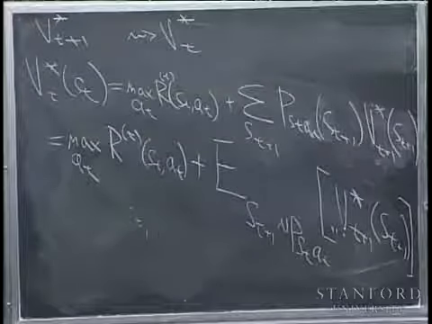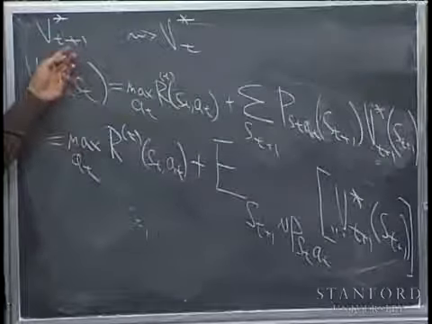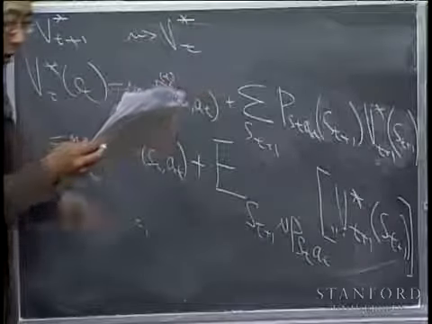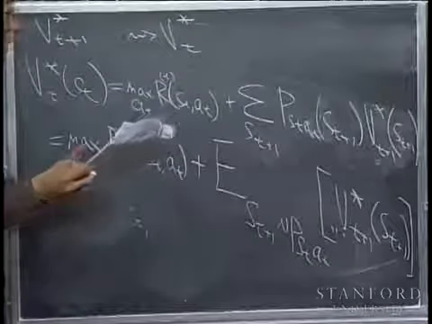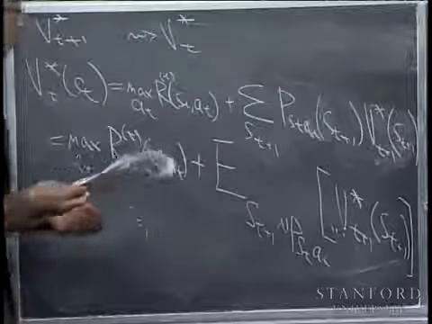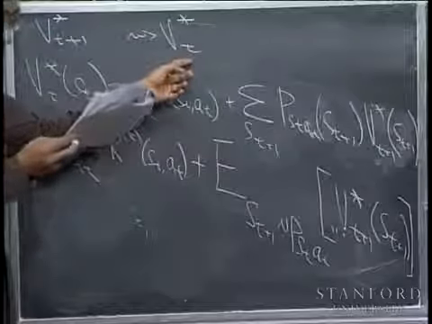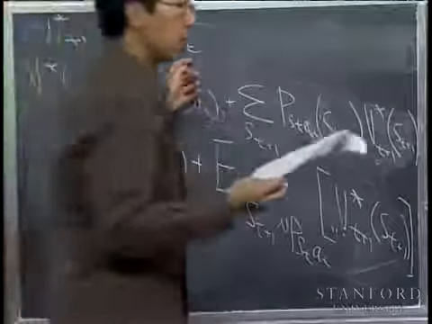And so what I need to do is, given a representation for V star t plus 1, find V star of t. It turns out that LQR has the following useful property: each of these value functions can be represented as a quadratic function.